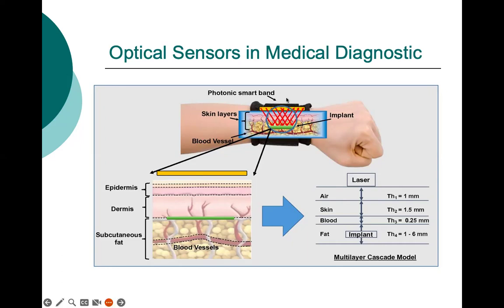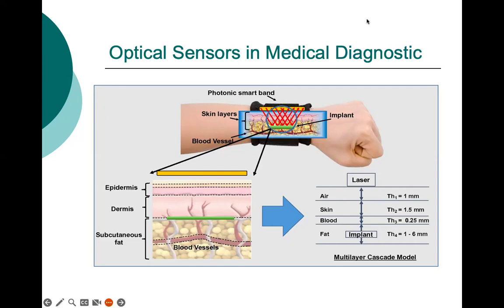Photonic still utilizes light. So you can see that it's wearable, means that you can wear it. In this case, it is worn on the hand. But there is an implant inside the body, inside the hand.